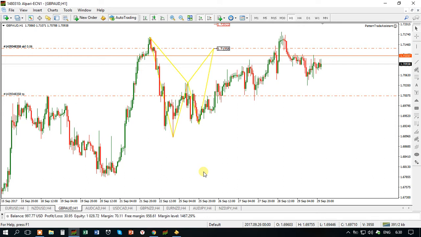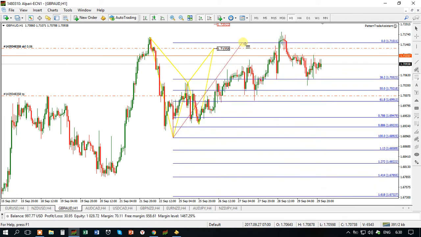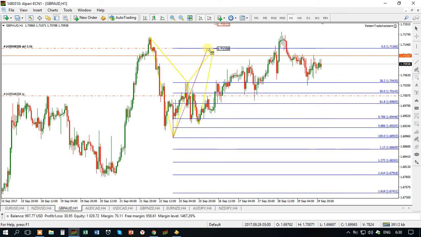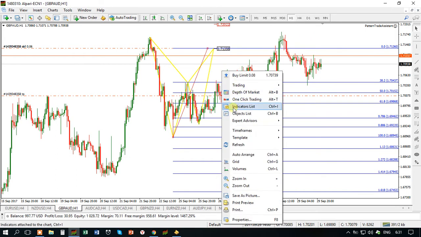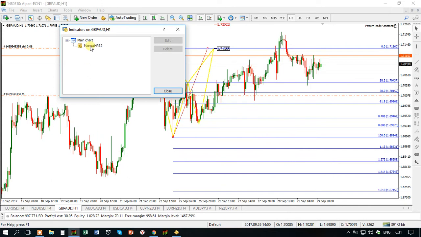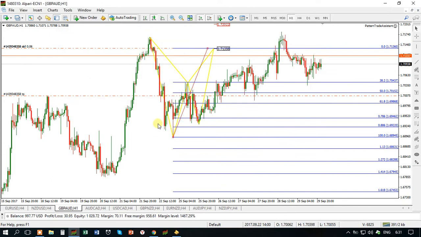So this is a quick teaser for you. Okay, and then I just trade the fibs this way. Done. Yes, I think that's it. What I have run in Monster HPS2 or manual HPS2. Yes, we just have the fibs this way.